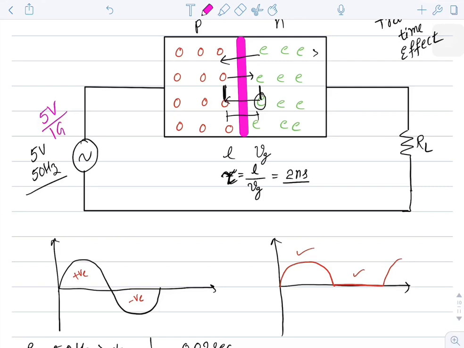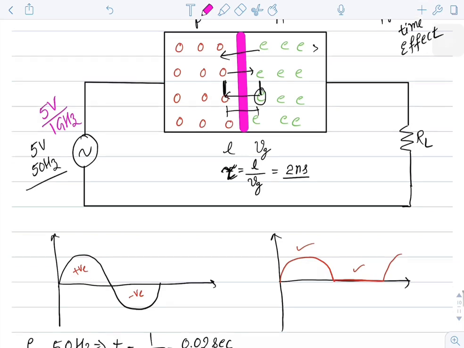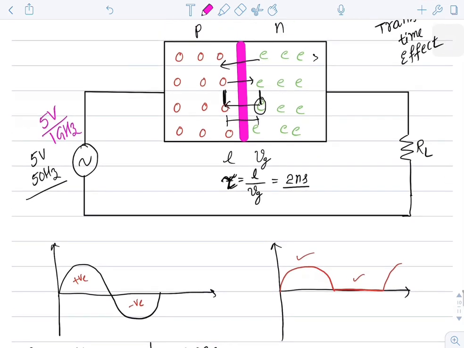Instead of taking 5 volts 50 hertz, now I am going to consider 5 volts 1 gigahertz. That means I am going to apply a very high frequency signal to the same circuit.